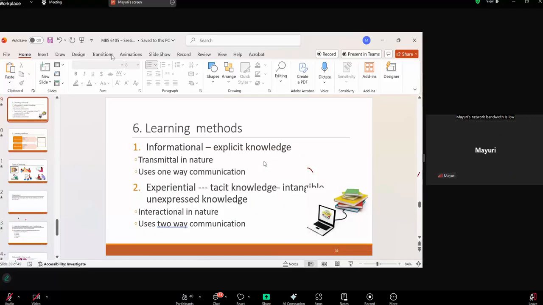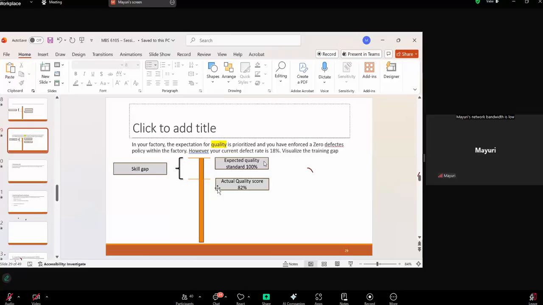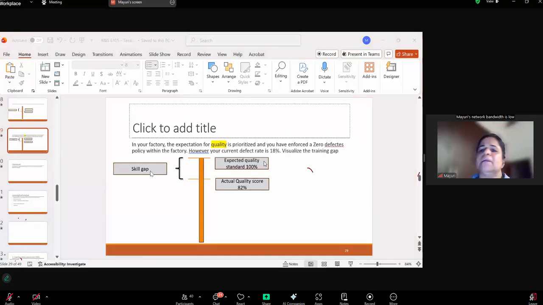We started this process by identifying this gap, right? Now we created the learning environment, we make the learning transfer, we choose the right learning methods, and then we deliver it.